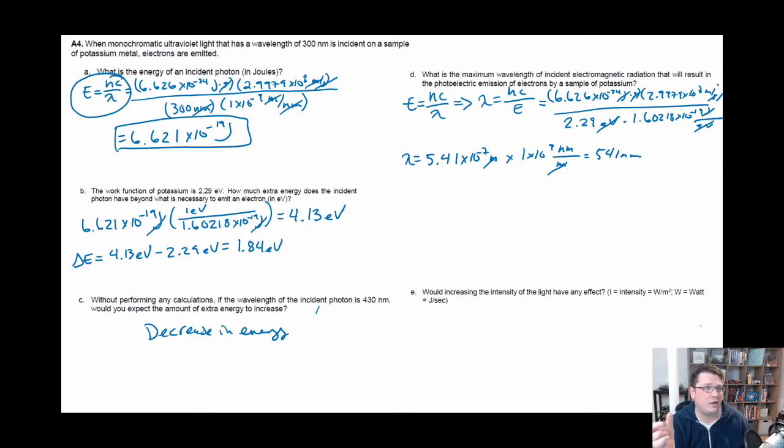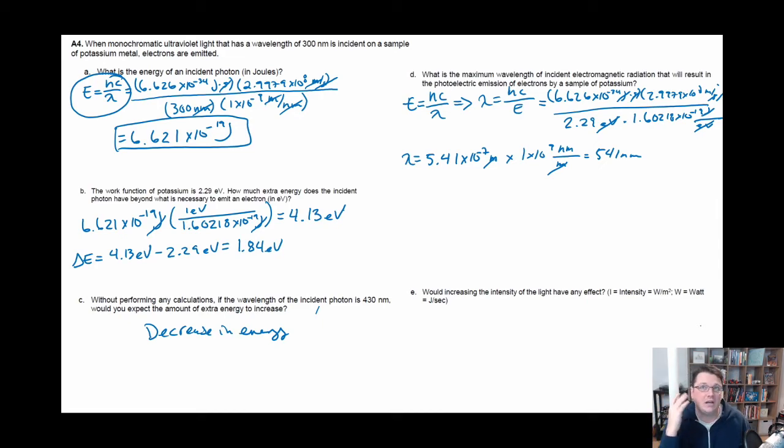So if you're using 600 nanometer light and shining that on your potassium metal, it doesn't matter how bright you shine it. All it's doing is giving you 600 nanometers of light, it's not going to release anything. But if you're below 541, all you're doing by increasing the intensity is hitting it with more photons. And if you're at the threshold in terms of the energy per photon, that's going to be enough energy for it to shoot off the electron.